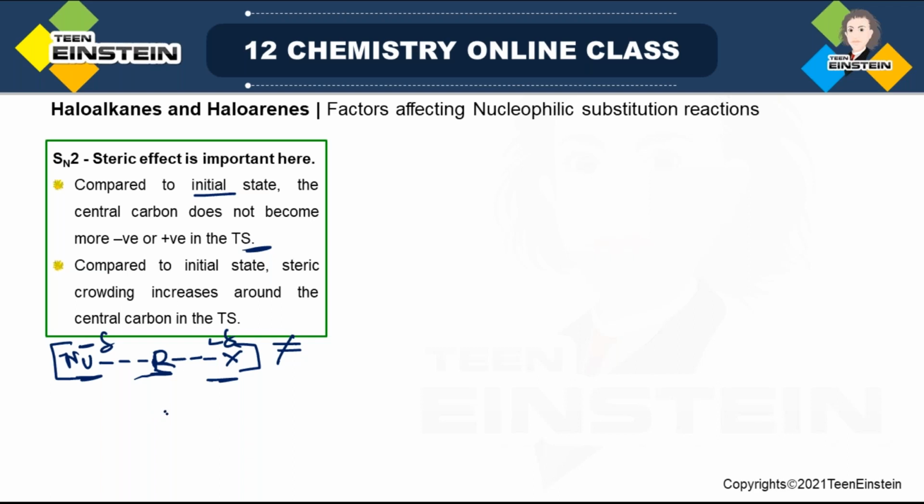Better we take methyl for simplicity. The bond between carbon and, suppose, the halogen is Br, and the carbon also has 3 hydrogens, and the nucleophile is here. So see, around the carbon there are basically 5 species. So that is very crowded, right? That is the reason you have to consider the steric effect here.